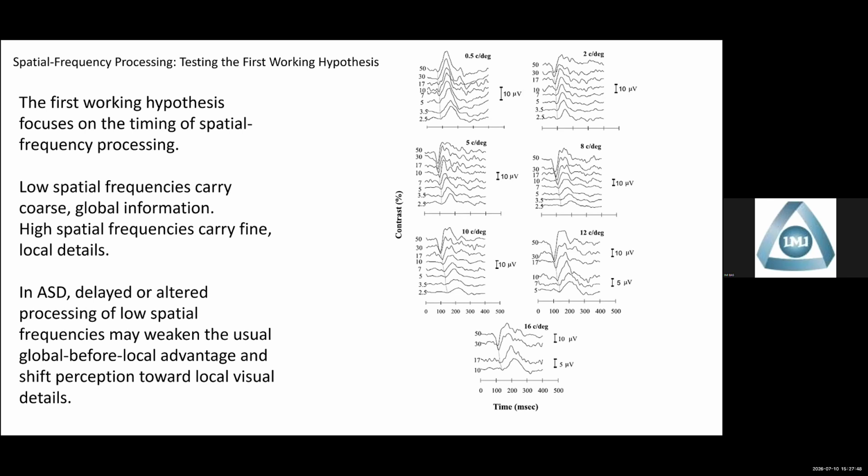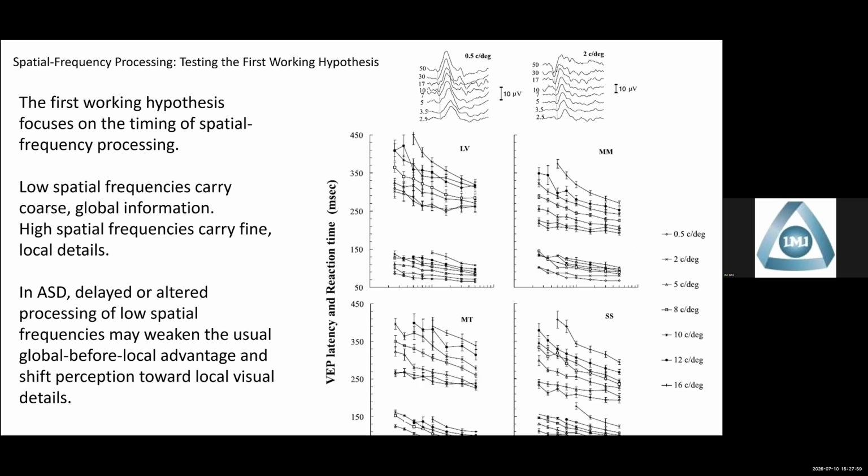But this is very important, as I told you, for global object information. Here are just numbers that with high spatial frequency you have delayed latency and reaction time compared to low spatial frequencies.